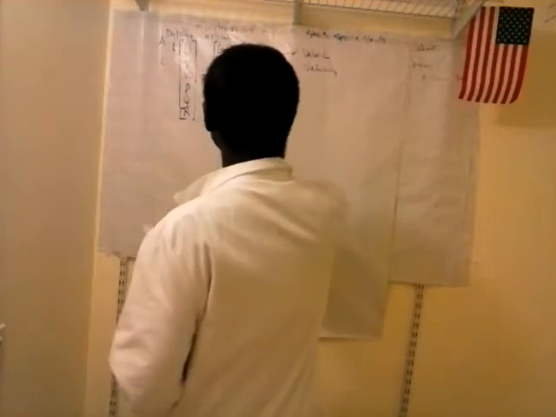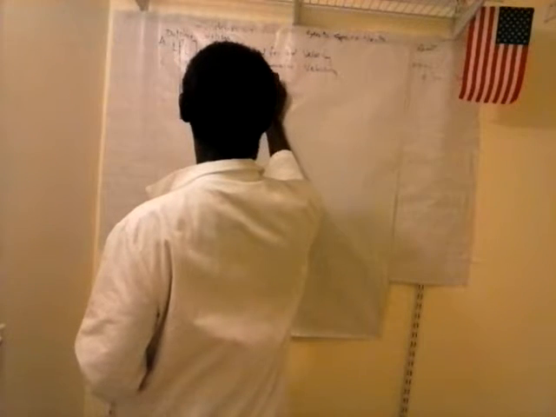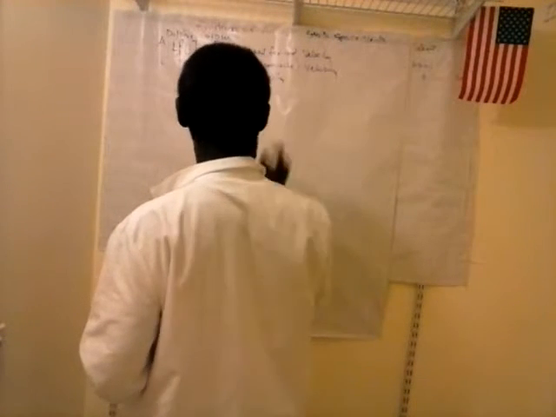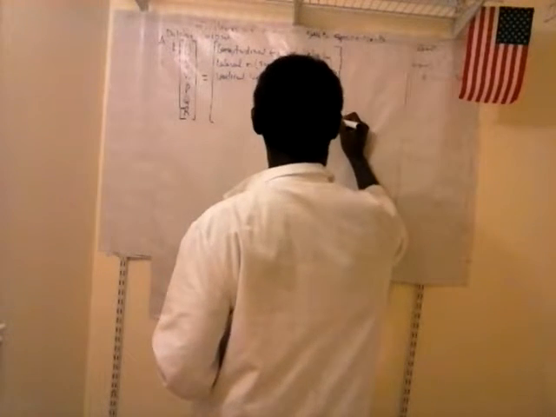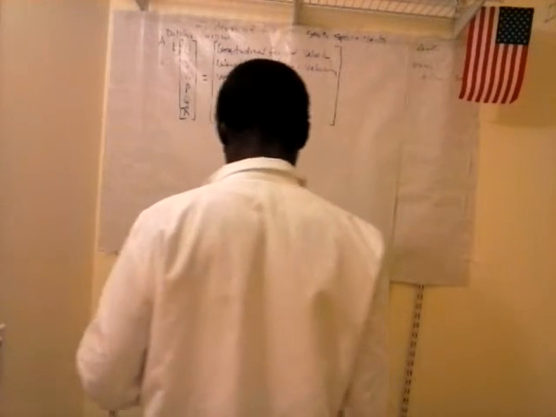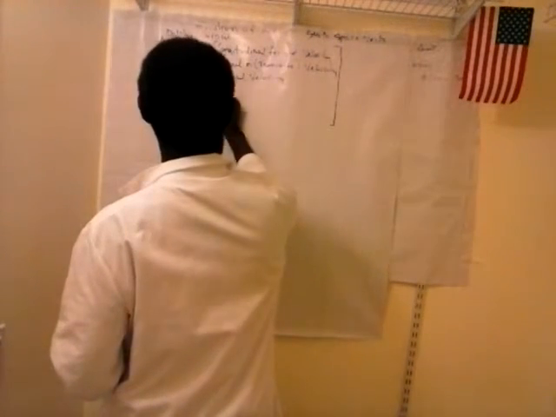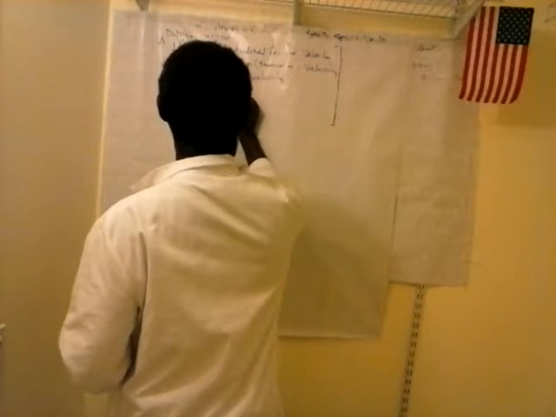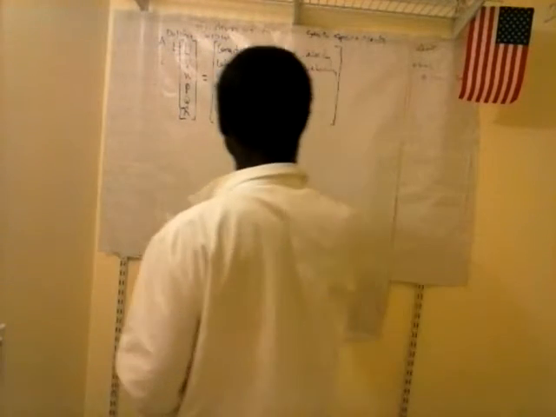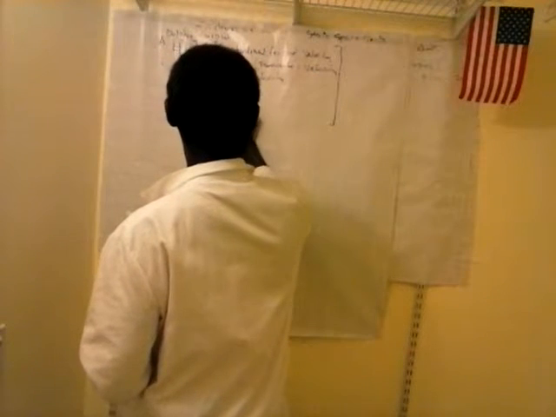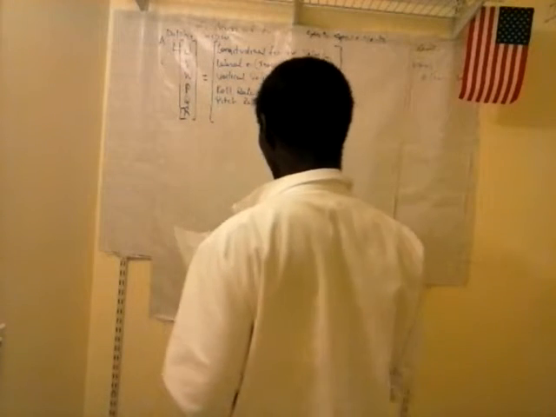W is equal to the vertical velocity. P is equal to the roll rate, P. Q is equal to the pitch rate. And R is equal to the yaw rate.